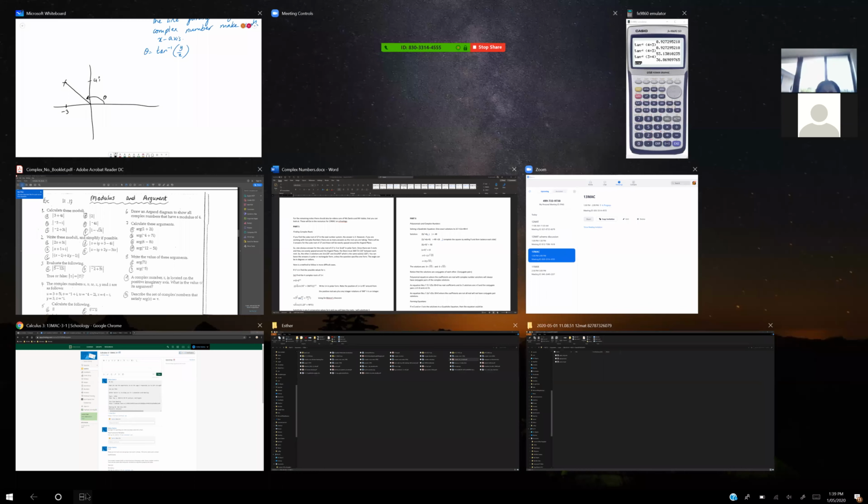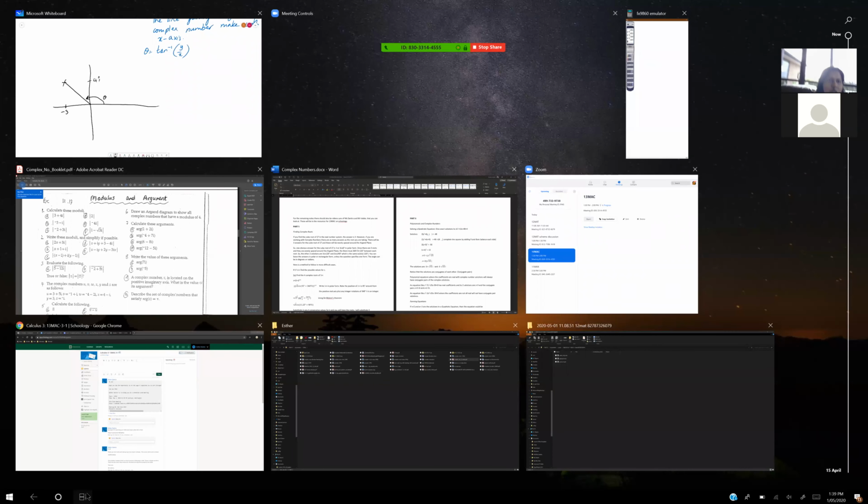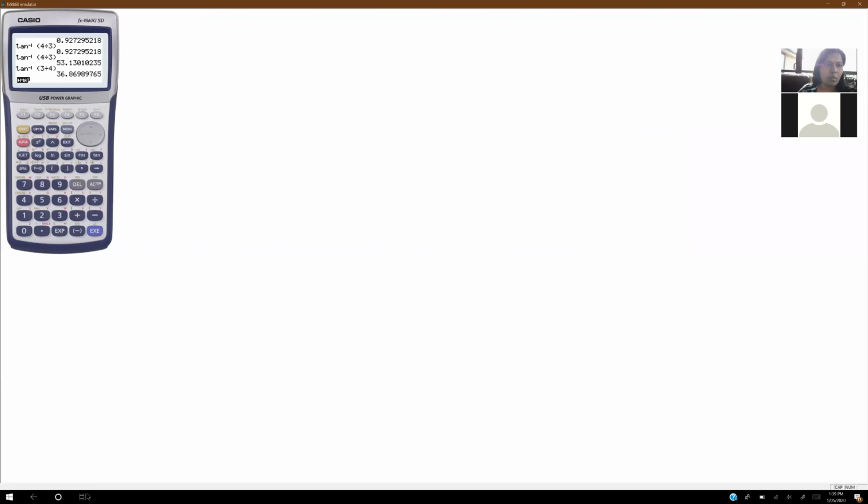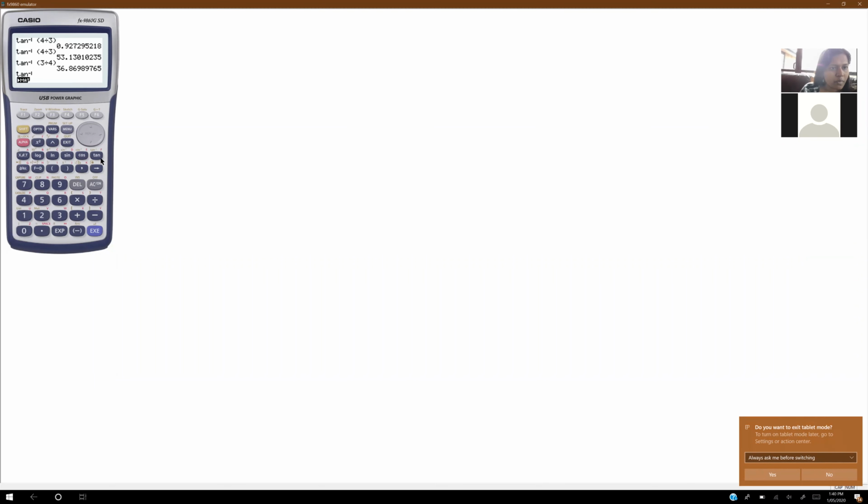So I am doing tan inverse of y over x. Our y was 4 and our x was -3. So I've got an angle of -53.13.